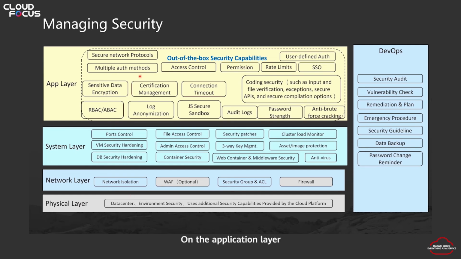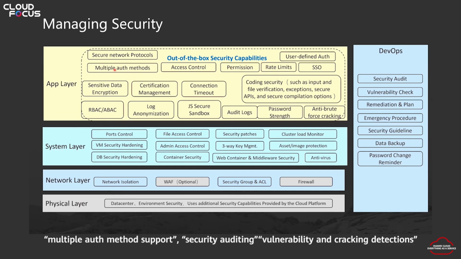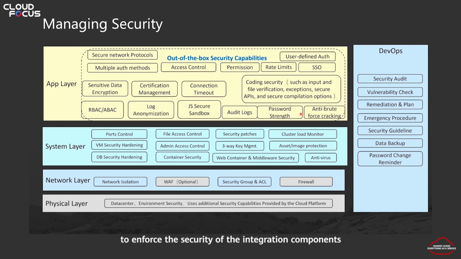On the application layer, security is handled by leveraging open protocols like SSO, access control, rate limiting, certification management, multi-auth methods, security auditing, vulnerability and cracking detection, password strength enhancements, as well as sensitive data encryption, and all those tools that help to enforce the security of integration components.